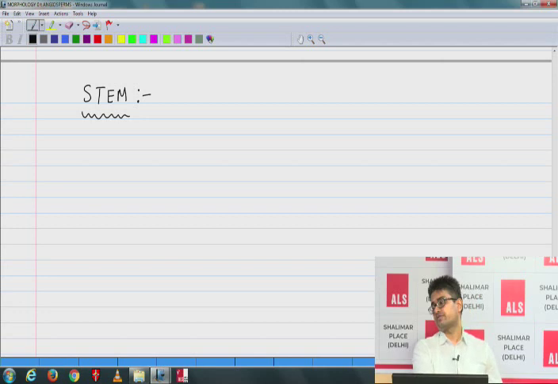How do you define a stem? When I talk about stem, you should define stem as a positively phototropic, negatively geotropic part of the plant which bears nodes and internodes. Why do I say node and internode? Because node and internode are absent in root. So there is a clear-cut difference between root and shoot.